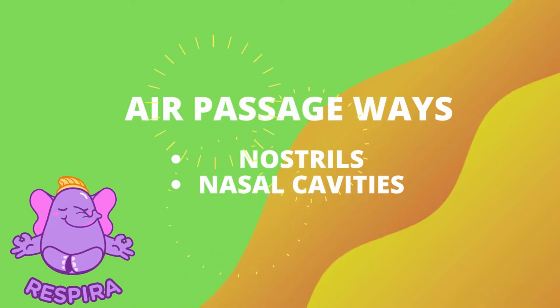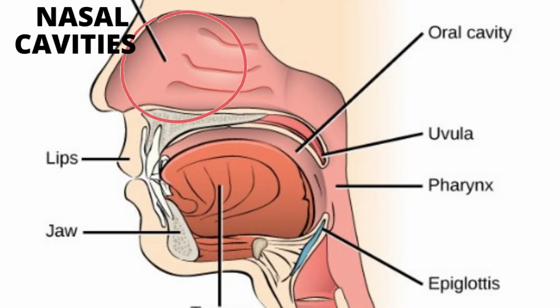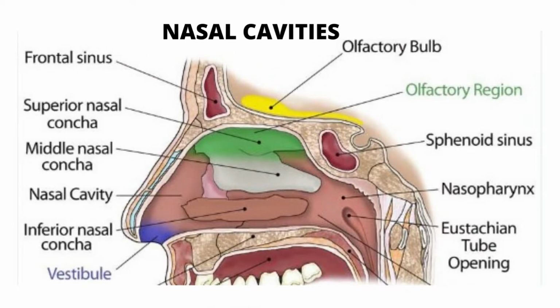The next part of the air passageway is the nasal cavity. Here you can see the nasal cavity. The internal structure of the nose is called the nasal cavity. Here you can see in detail the structure of the nasal cavity. It is lined with mucous membrane.